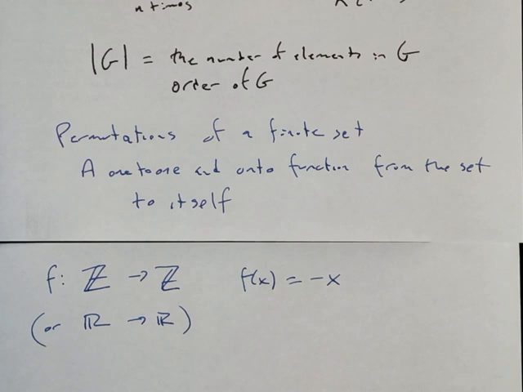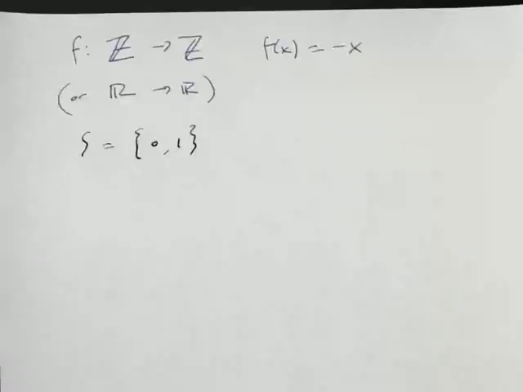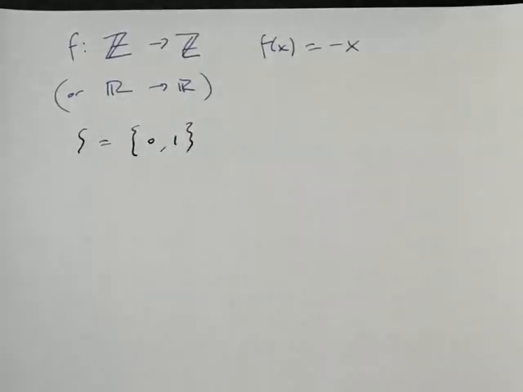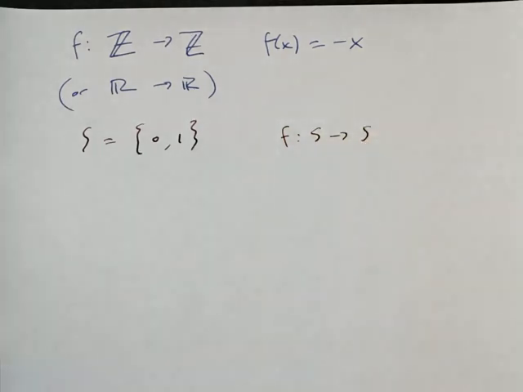So, somebody give me a number. Moderately small positive number. 2. 2 is going to be really easy. So, let's suppose I have a finite set with only 2 things in it. A permutation on this set is a function from the set to itself, right? So, let's define a function that's a permutation.